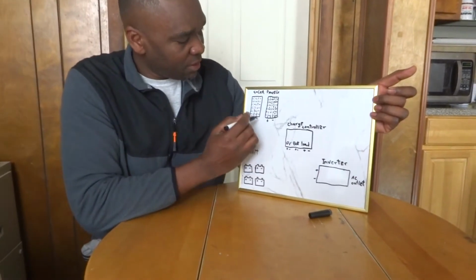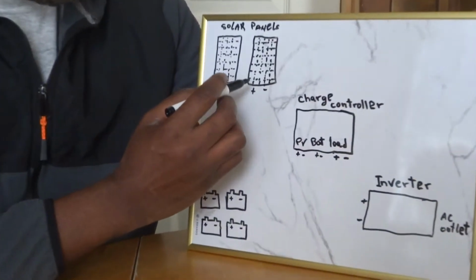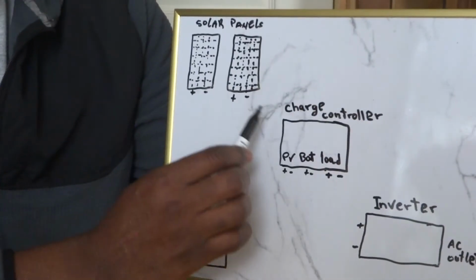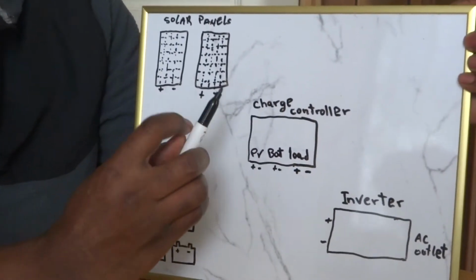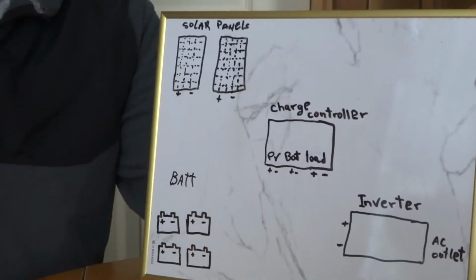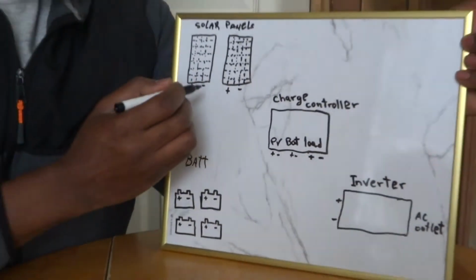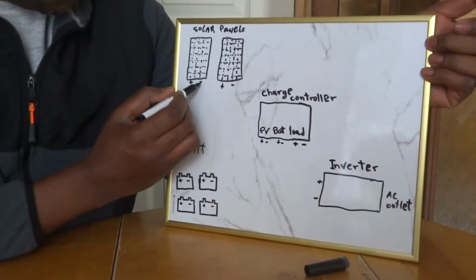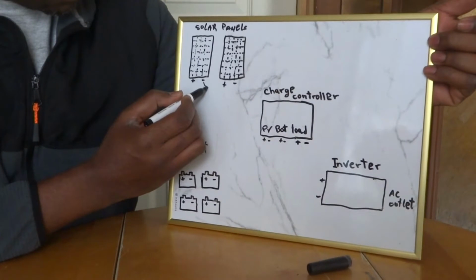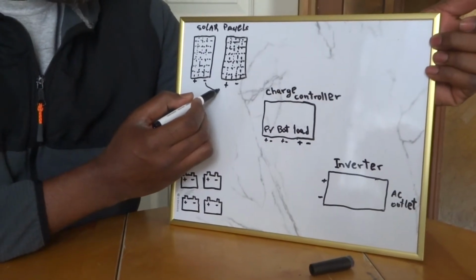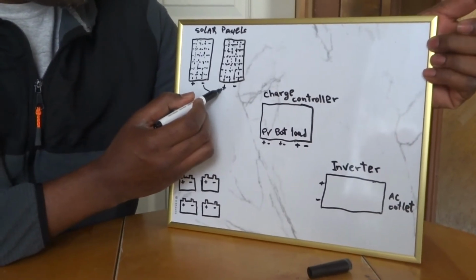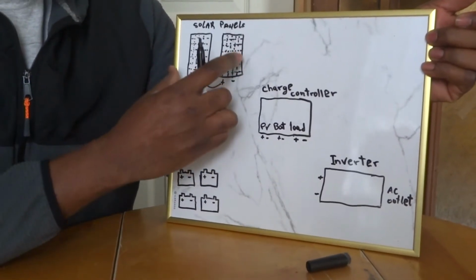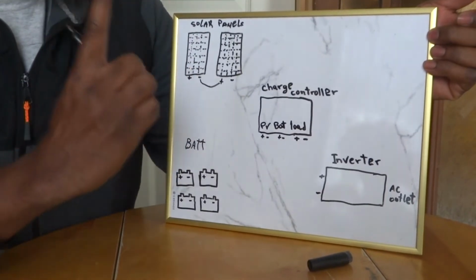And then connecting solar panels, there's a little trick. You can connect them in series or you can connect them in parallel. In series means we work one after another. You got the plus here, the positive, you just connect the negative from this solar panel to the positive of the other one, and then they will work like one big panel.